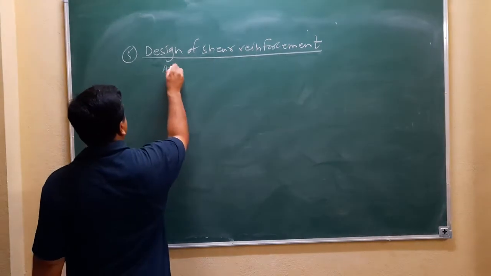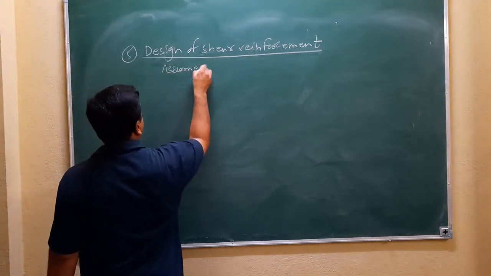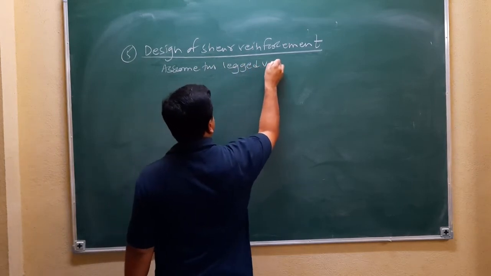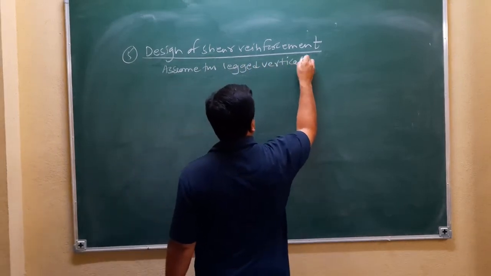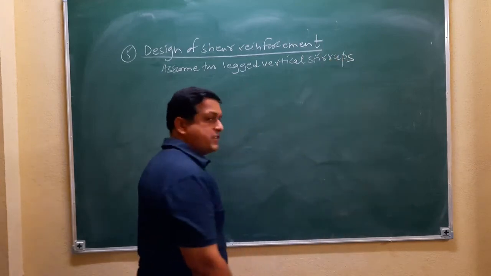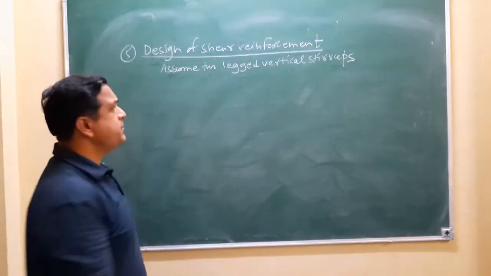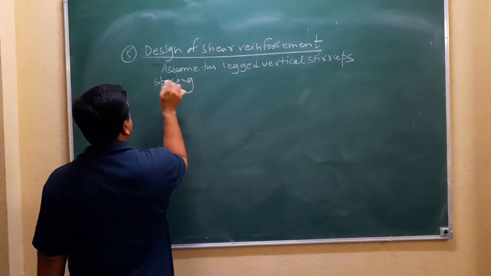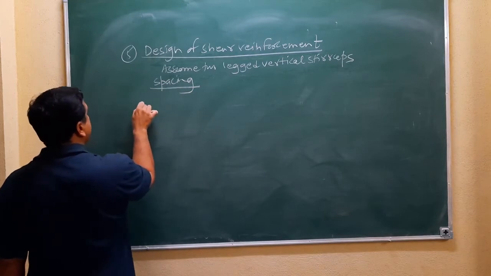Assume two-legged vertical stirrups, and find out the spacing using the formula.